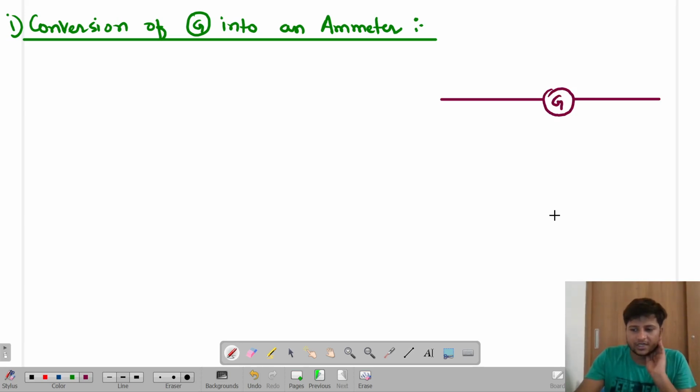An ammeter is a device which measures the total current, isn't it? So how will you convert this into an ammeter?